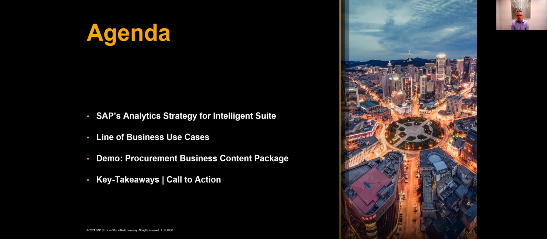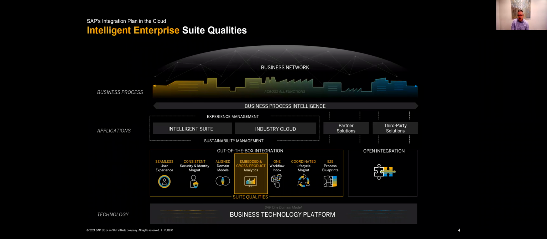I'm also going to talk about our business content strategy, which means that we are building content across our applications and allowing you to get started rapidly. And I'm going to be demonstrating a procurement business content package for you. And then we'll just talk through some key takeaways and a call to action here at the end. So I'm going to take the next 30 minutes or so going through this, and then we'll open it up for questions. So let's talk about our analytics strategy.